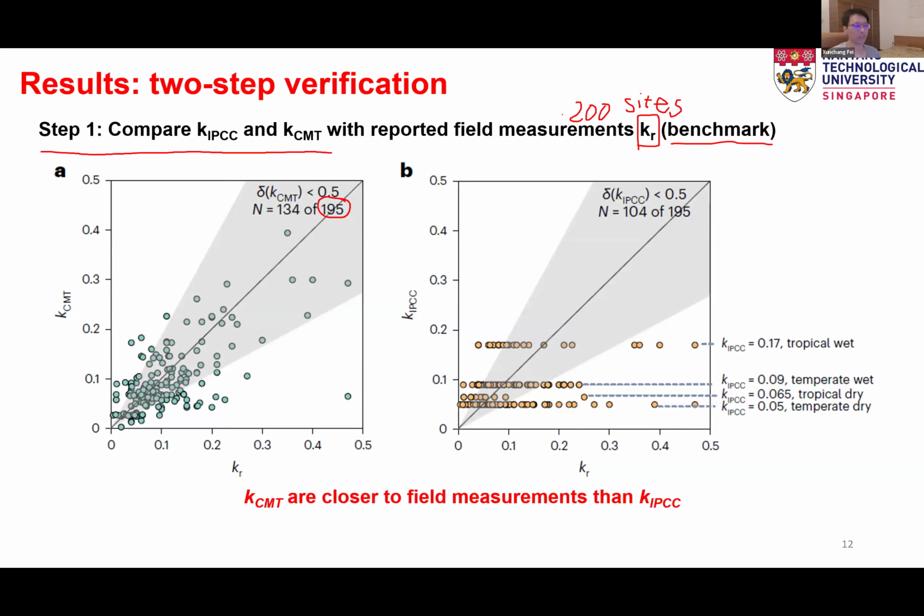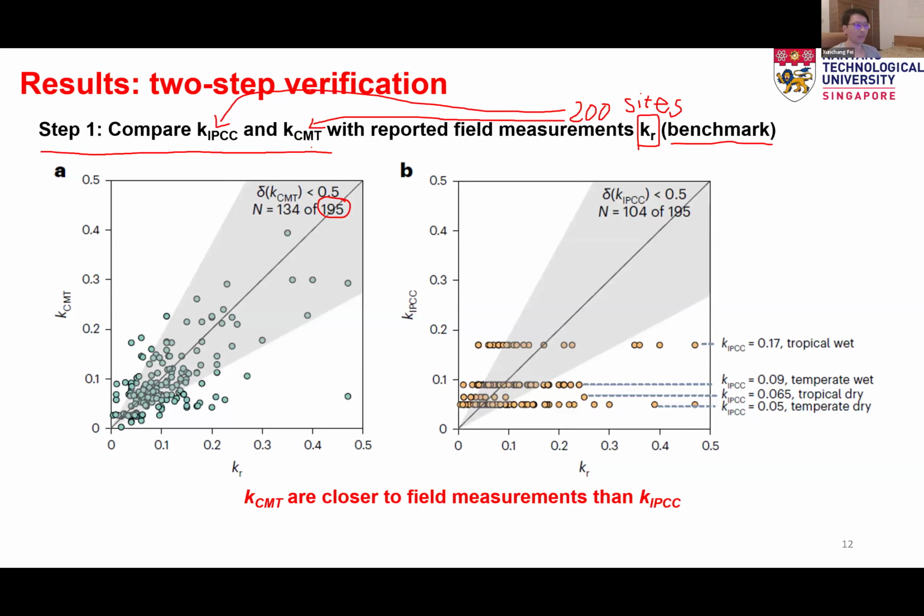So for these 200 sites, we can also get the KIPCC. Again, KIPCC is just by checking the country of the site, and also the climate of the site, we can get this KIPCC value. Similarly, as I described on the previous page, we can calculate 195 KCMT values based on our modified approach, right?